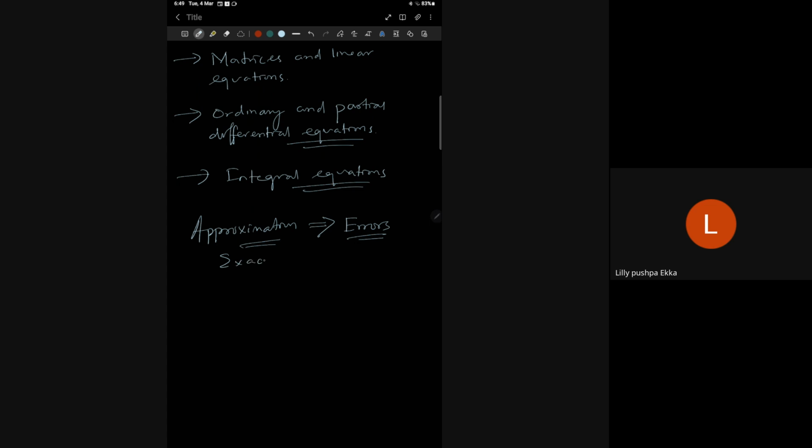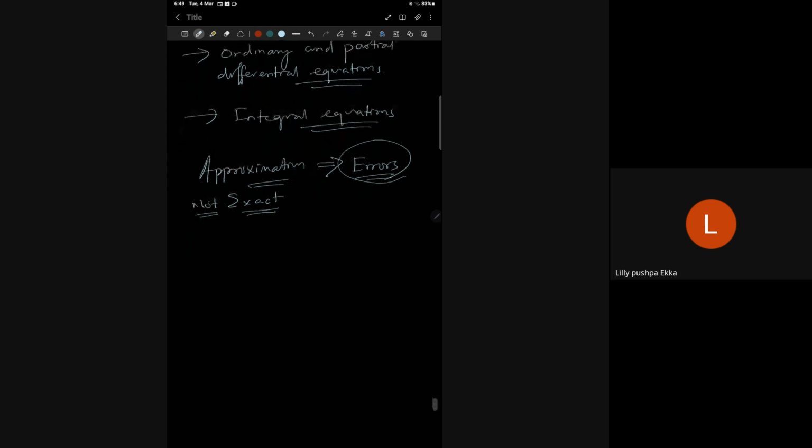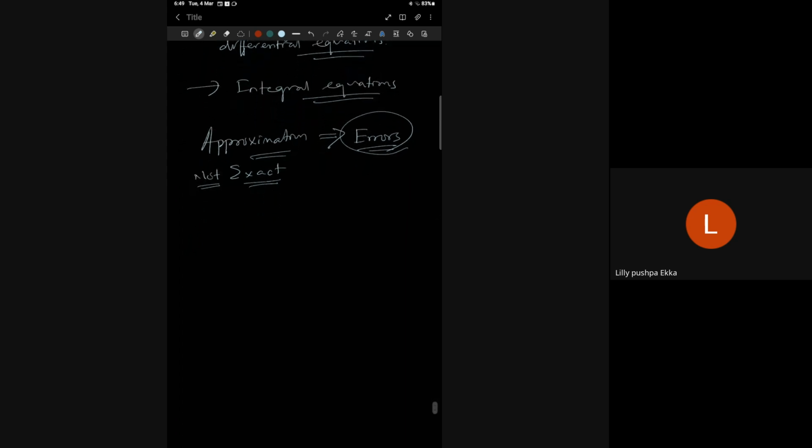Since this is not exact, this will lead to some kind of errors. So error means what? The exact value minus the observed value, right? Exact value minus the observed value, isn't it? That's kind of your error.